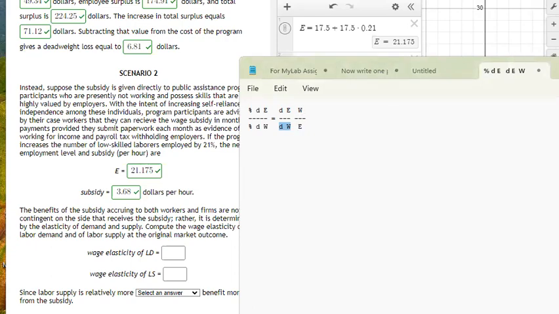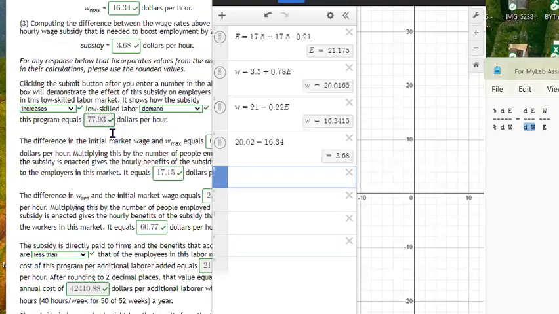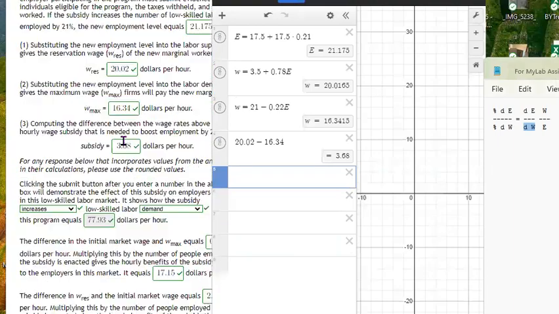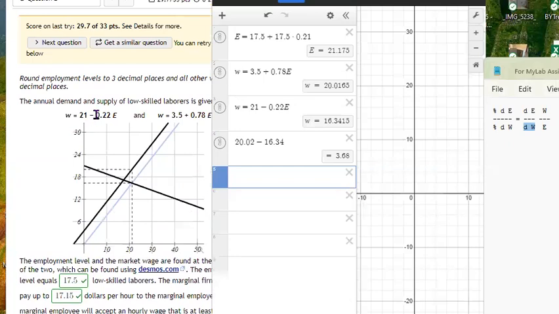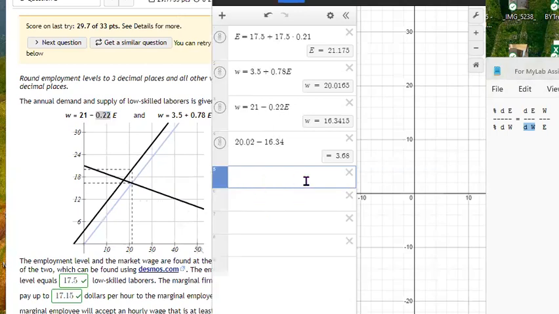So if you look at our labor demand curve, we're going to do the elasticity of labor demand first. This is the change in W over the change in E, so a negative 0.22, that's the change in wage over the change in employment. We want the change in employment over the change in the wage.